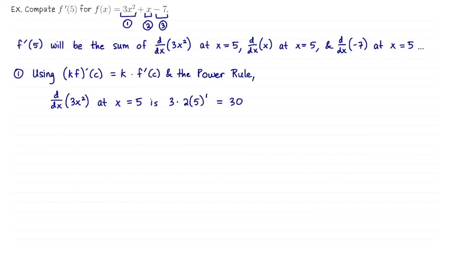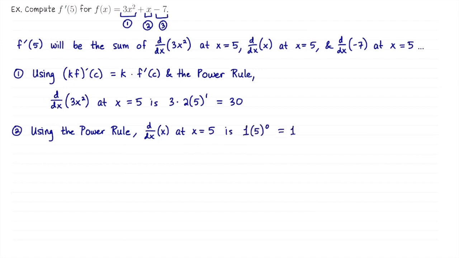To differentiate y equals x, we can again use the power rule. x is x to the 1. So with the power rule, the derivative at 5 is going to be 1 times 5 to the 0, which is 1. If you don't like using the power rule in that setting, you can also just compute the derivative using the limit of the difference quotient.